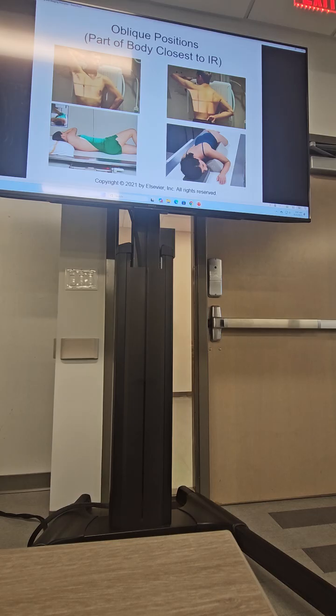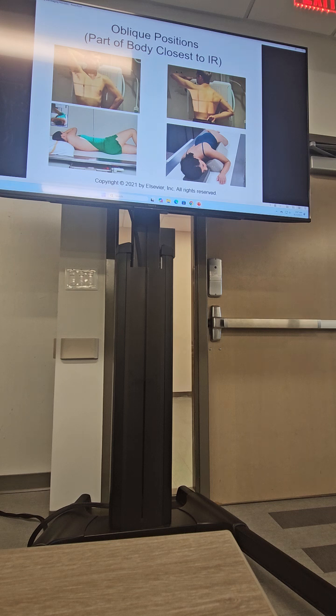For example, if the patient is standing like this, what does the image receptor see? It sees which side, left or right? And then it sees posterior. So this oblique is what?